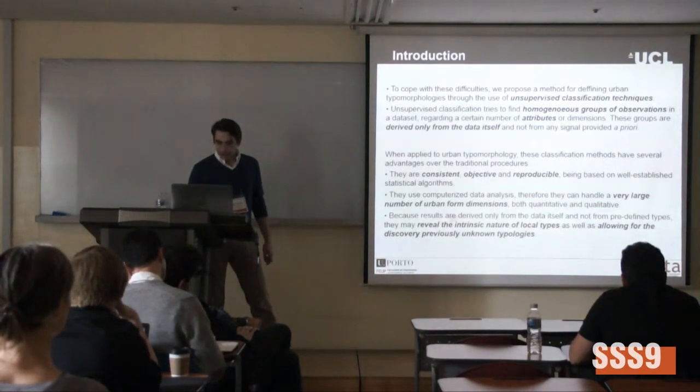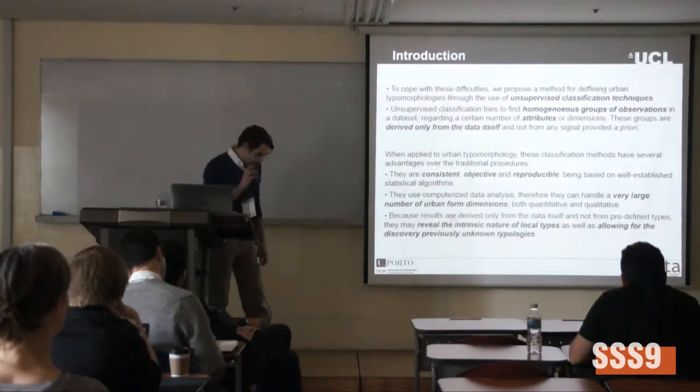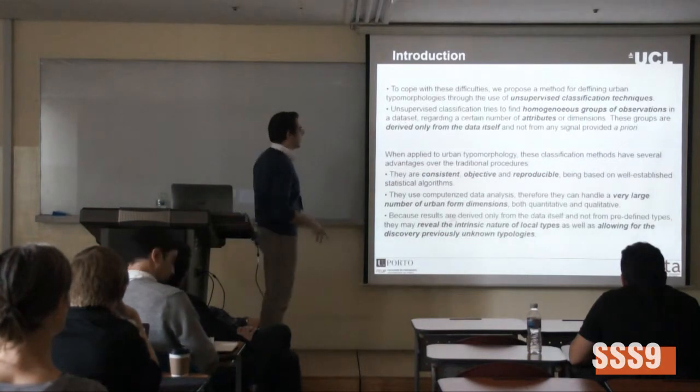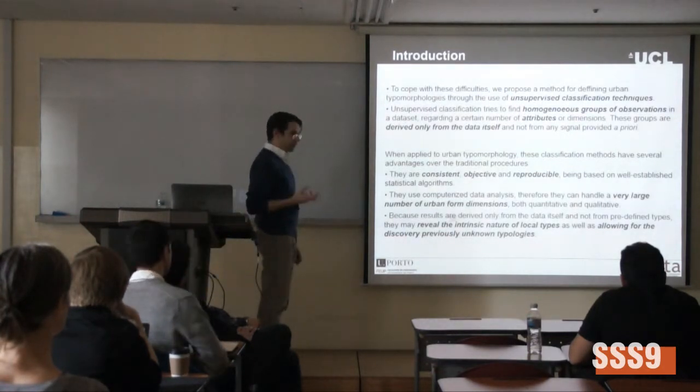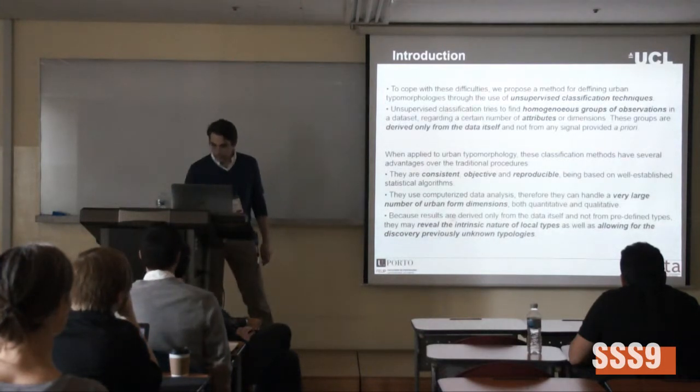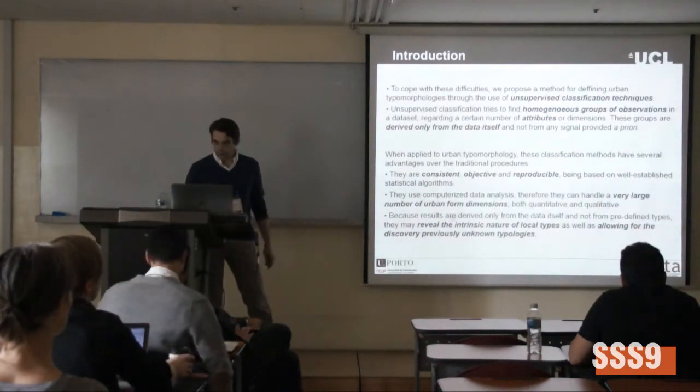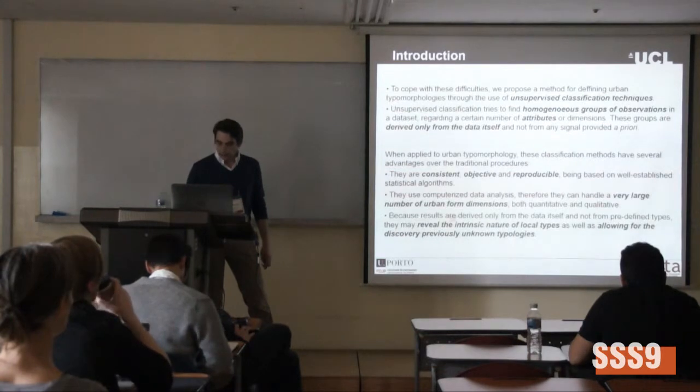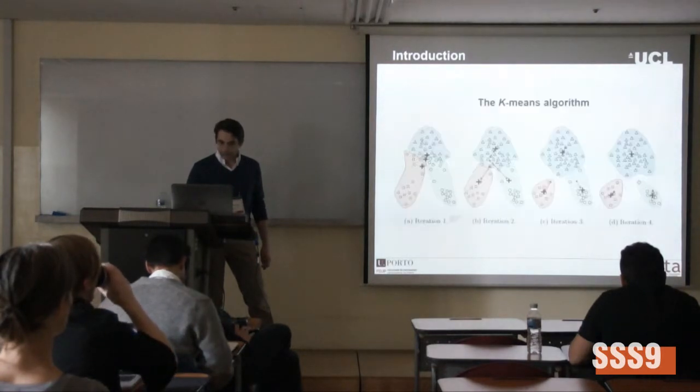And because they look only at the data, they may reveal the intrinsic and real nature of local types, while allowing for the discovery of previously unknown types without relying on previous typo-morphologies.